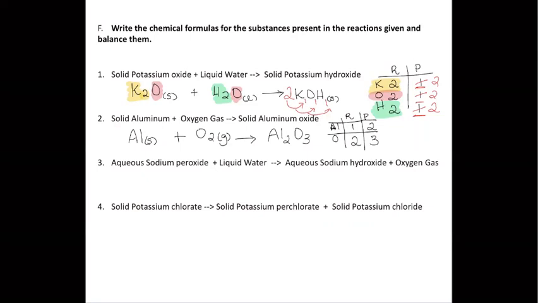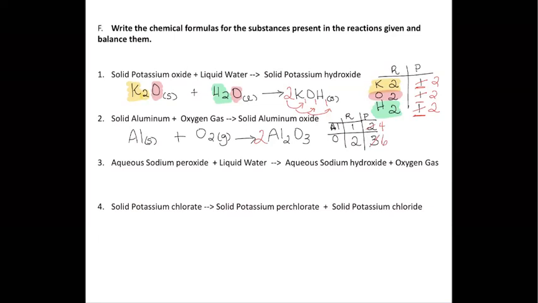Now, we never start with the single elements, okay? We never start there. So we should start by at least putting a coefficient in front of the compound, so we can balance this equation. So if I put a coefficient of 2, that's going to take my aluminums to 4, and it's going to take my oxygens to 6.